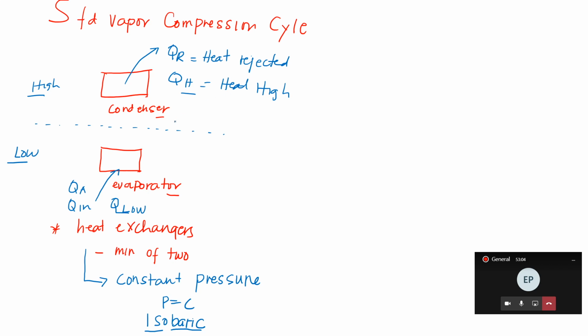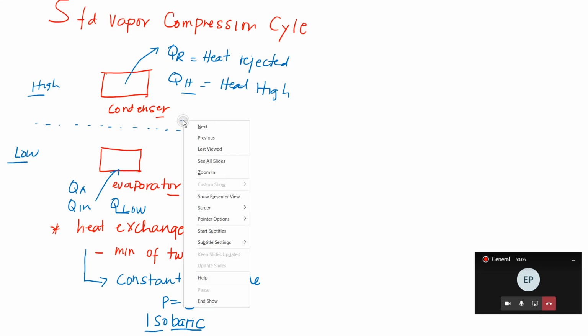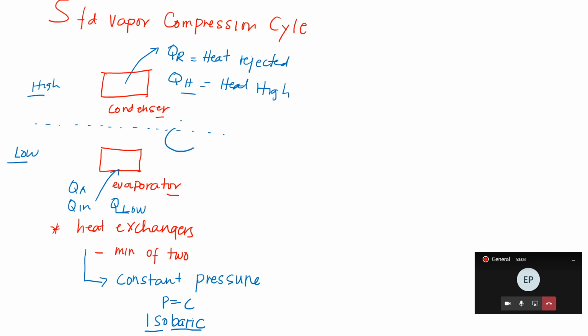Now let me draw this. Between the two, there is this equipment, and what is this equipment? Compressor, right? Because the fluid in the evaporator cannot go directly into the condenser.